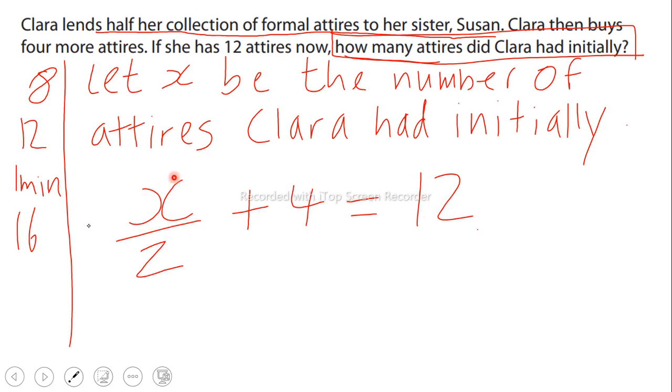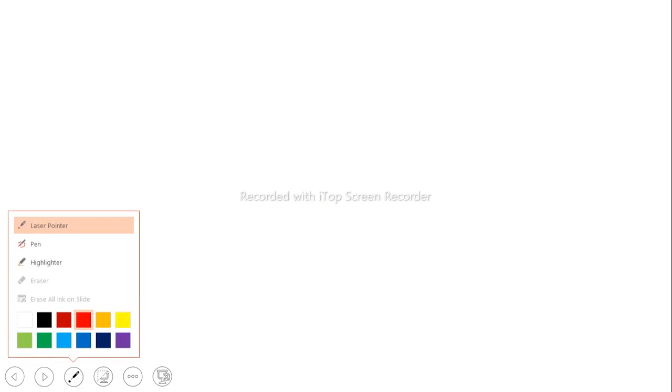So she had X. I think we might have it wrong.